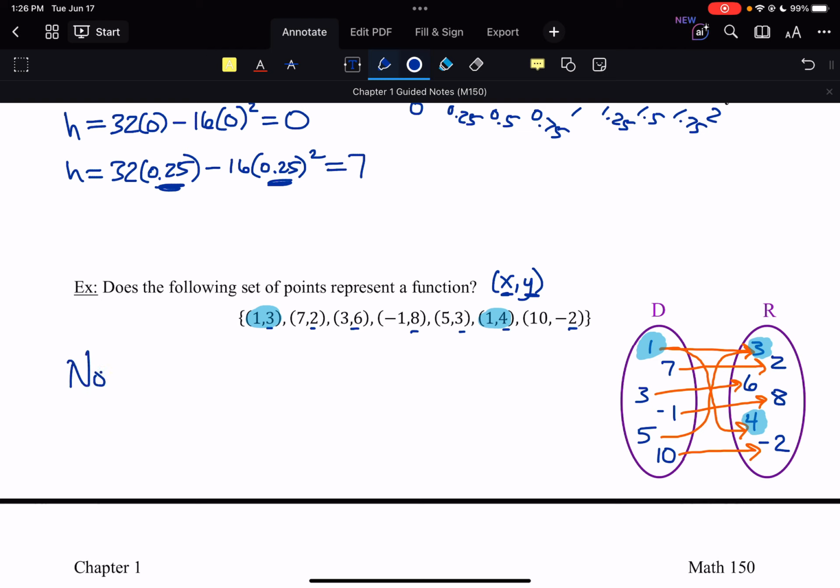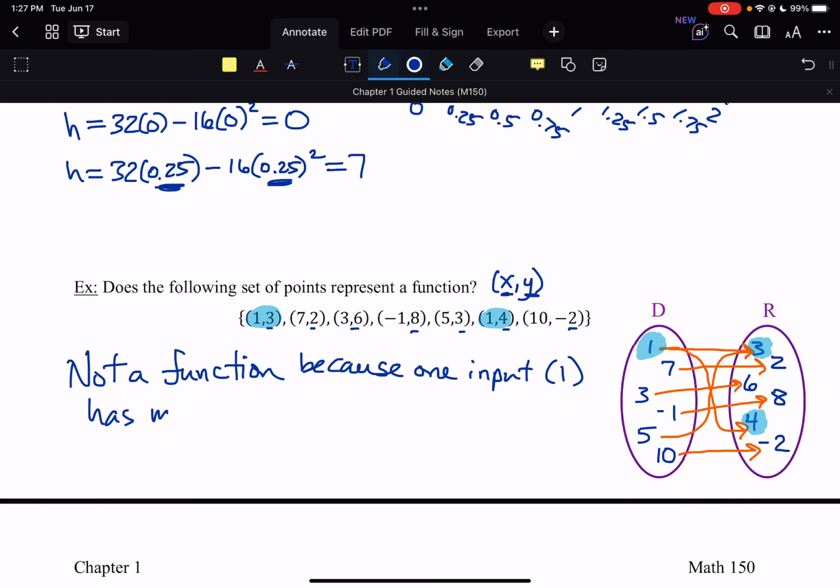So we're going to say this is not a function because one input, the number 1, has more than one output.